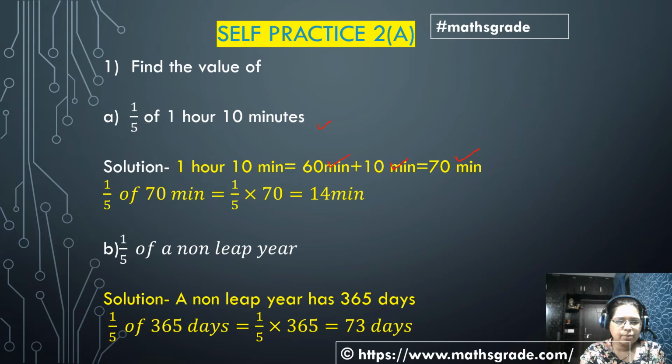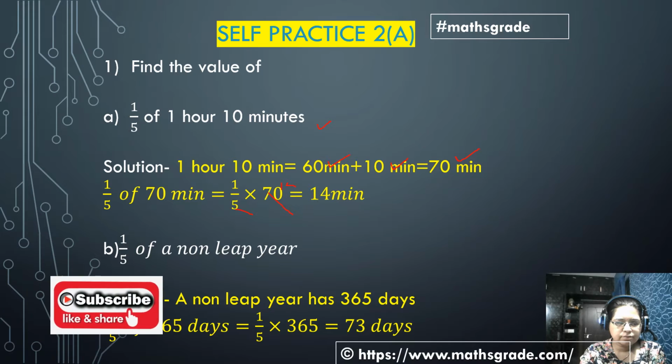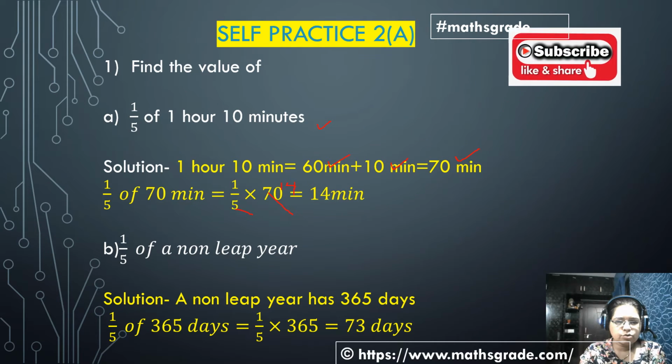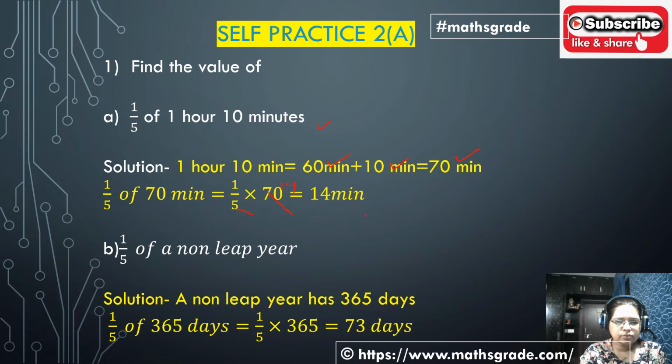So 1/5 multiplied by 70 minutes. 5 multiplied by 14 is 70, so we cancel the 5 with 70. Then 1 multiplied by 14 is 14. So we get 14 minutes. So 1/5 of 1 hour 10 minutes is 14 minutes.